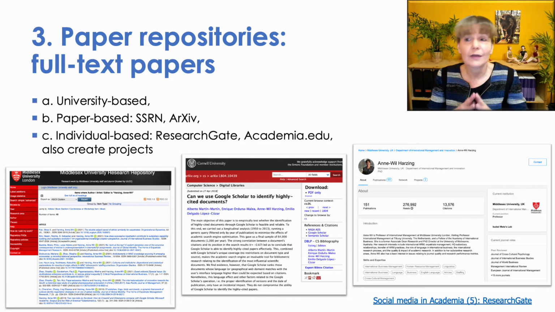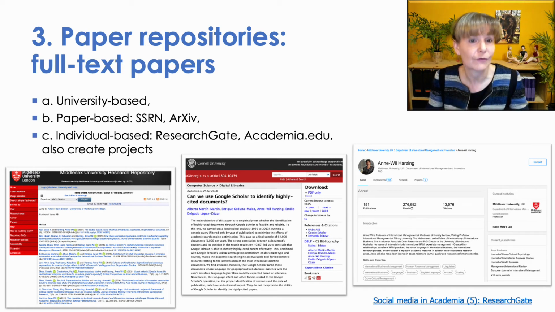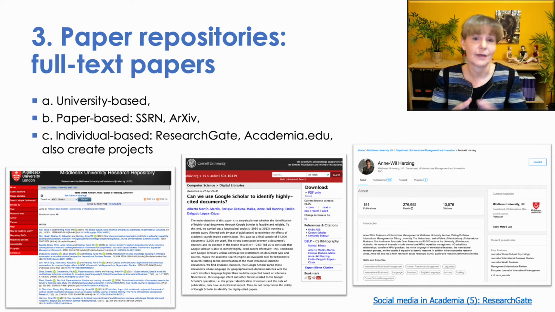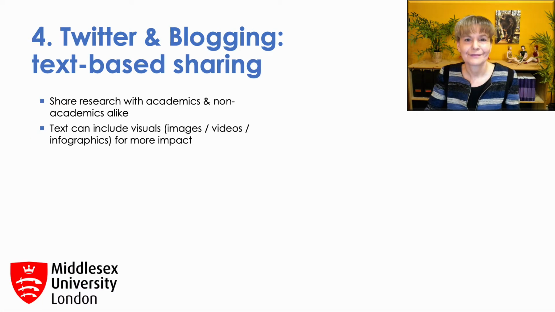They have rudimentary social media functions as you can follow other academics and submit questions. So for more information on this, see my post on ResearchGate, which I think is the most important of these.